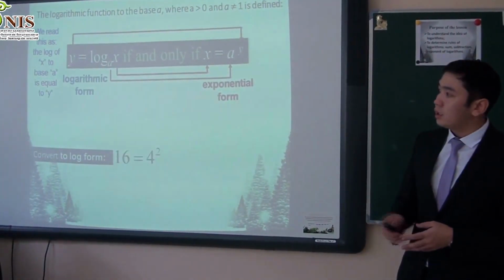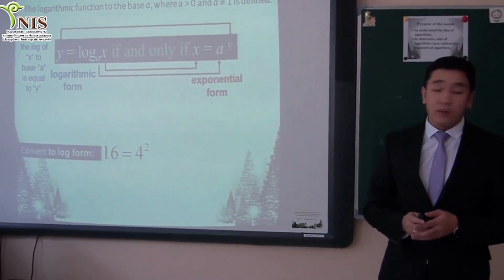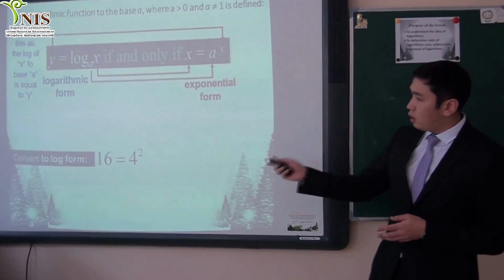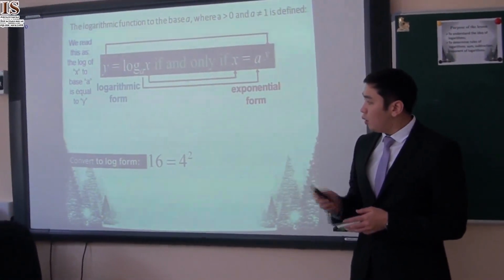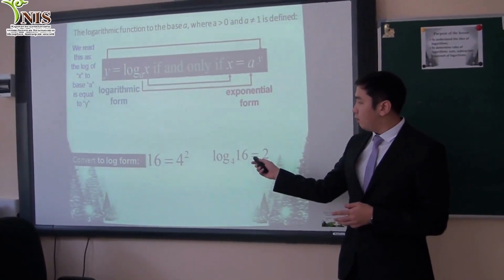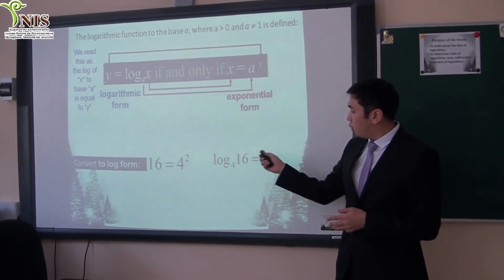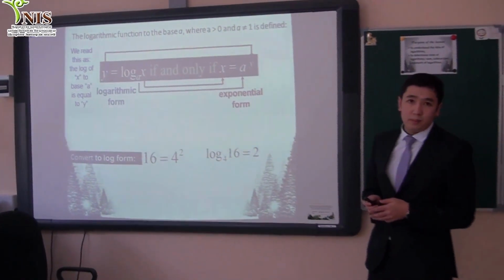The first one is converting to logarithmic form. For example, we have such an equation, and we can say that the logarithm of 16 to base 4 is equal to 2.